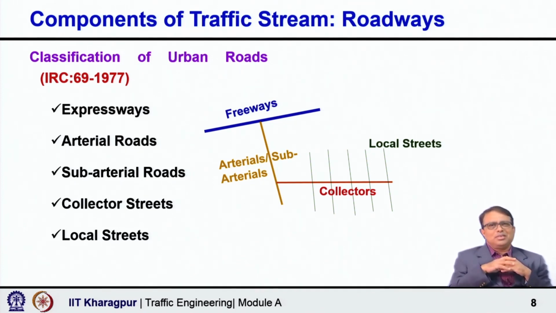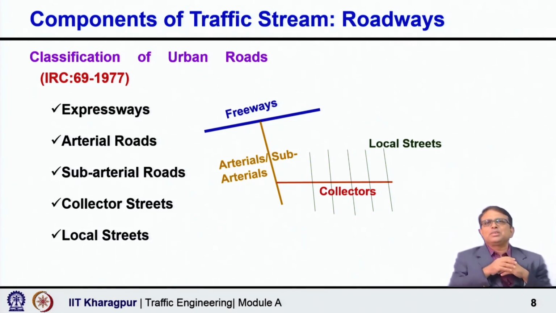Local street is the road you use when you come out of your home in the residential locality. What is the purpose of that? Very fast movement of traffic? No. The purpose is basically to give you connections, so that you can come out from your home and get connected to the collector street. Through the collector street you can again access the subarterial or arterial, like that.